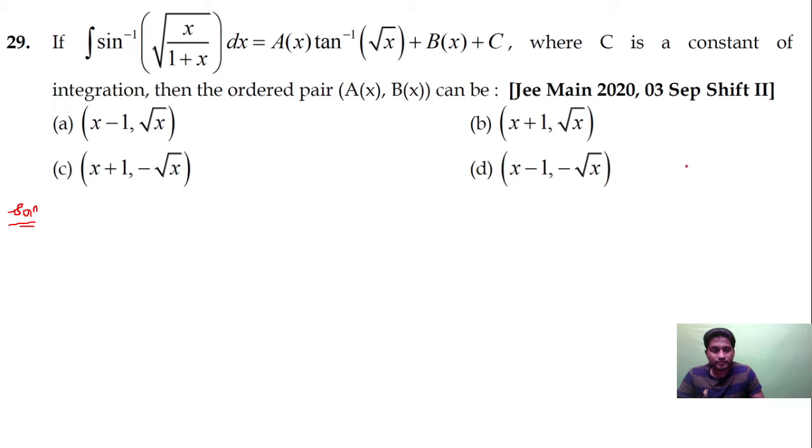So for the integration, when you have 1 plus x square, you put x is equal to tan theta. Here, with 1 plus x upon 1 plus x square, I'm going to put x is equal to tan square theta.